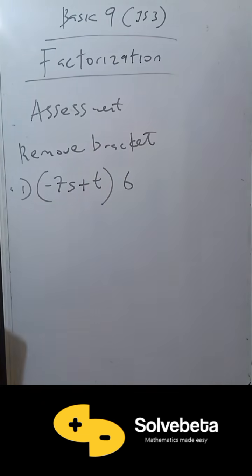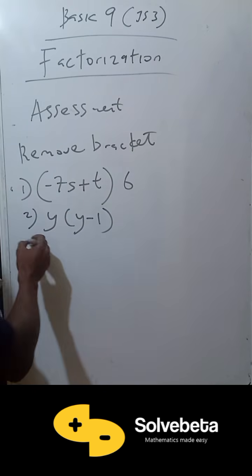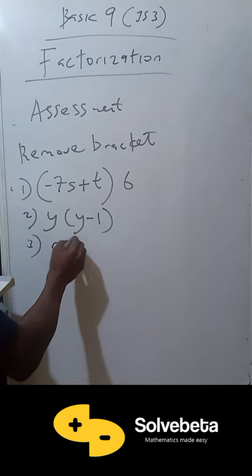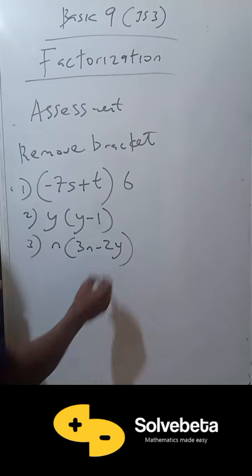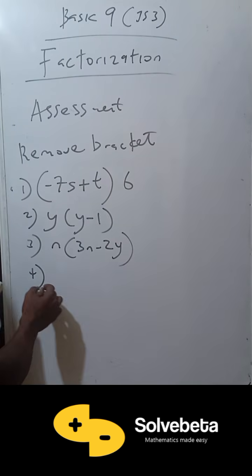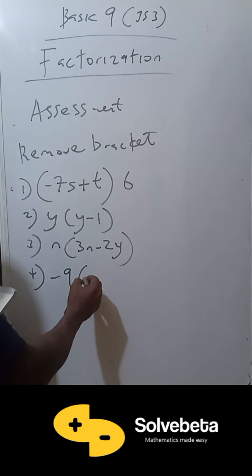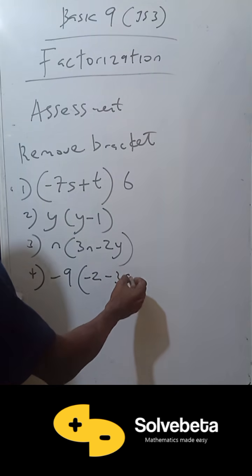Then 6y into bracket y minus 1. Then bracket 3n minus 2y. Then the last but not the least, minus 9 into bracket minus 2 minus 3q.